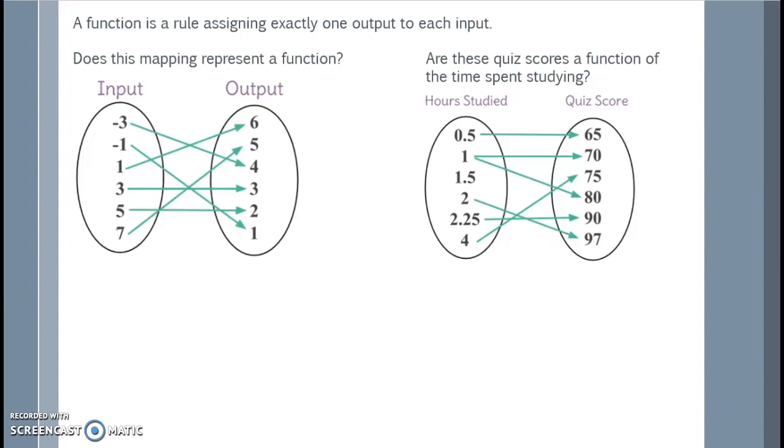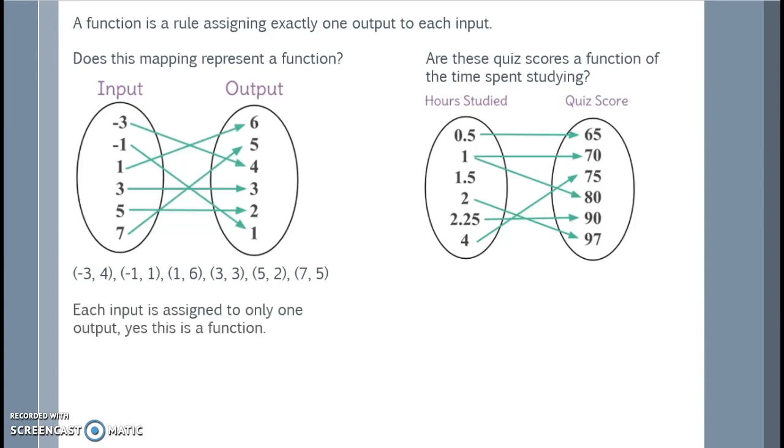When I put them in order according to their points, -3, its output is 4, -1 is assigned to 1, 1 is assigned to 6, 3 assigned to 3, 5 assigned to 2, and 7 assigned to 5. I see that each x value, or each input, has exactly one output. Therefore, this is a function.